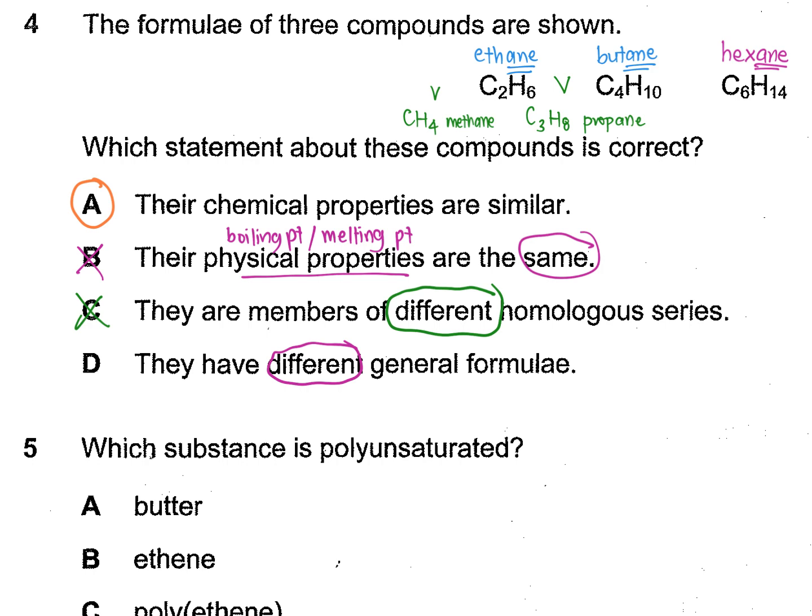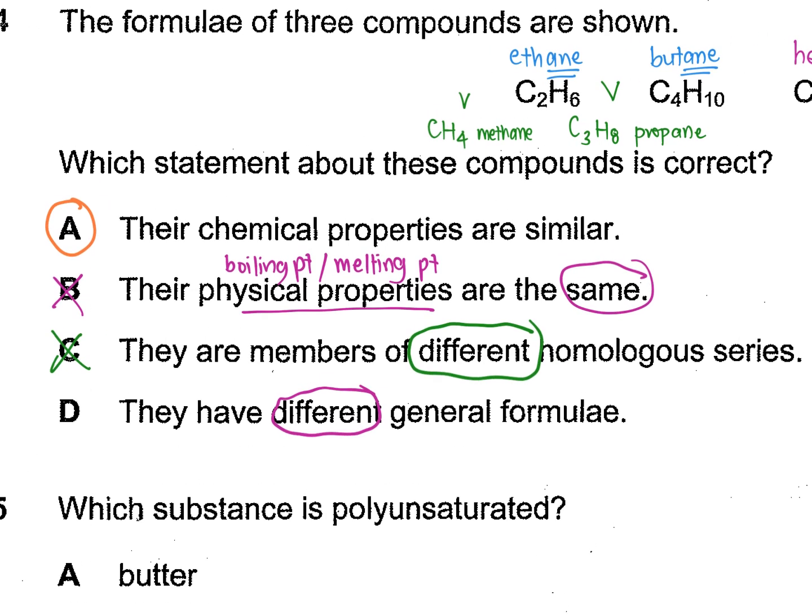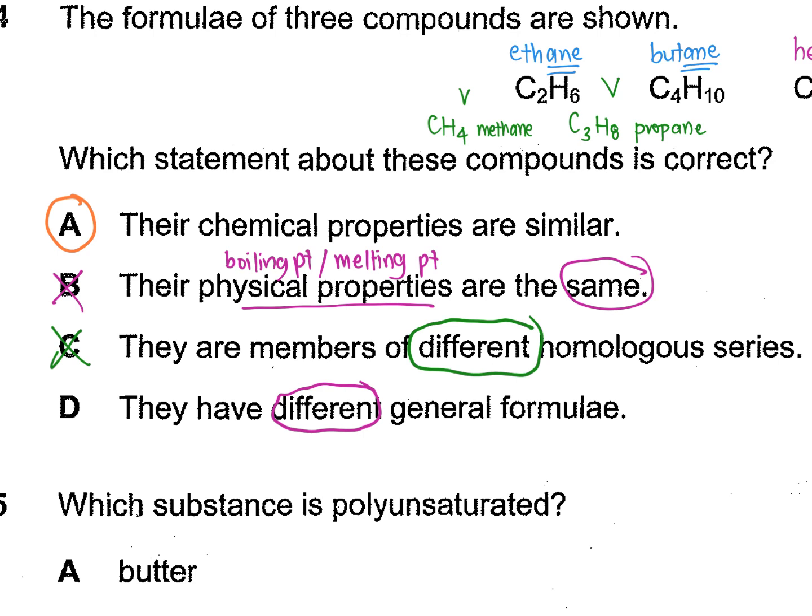Why do they undergo the same type of chemical reaction? It's not the same bonding, it's not the same formula. There are 2 terms you learned which are very important for determining which homologous series they belong to. Start with F. Functional group. The reason why they have similar chemical property is due to the same functional group.